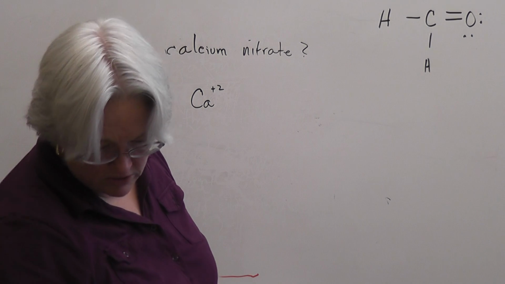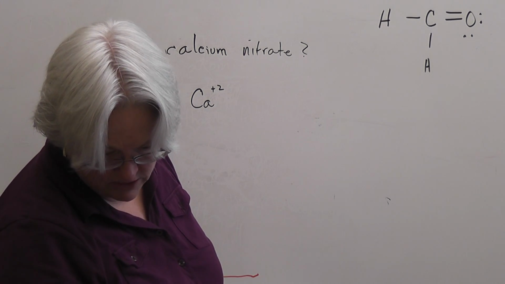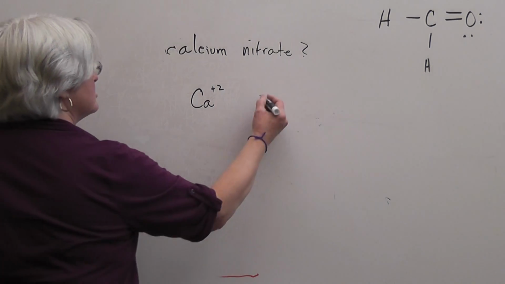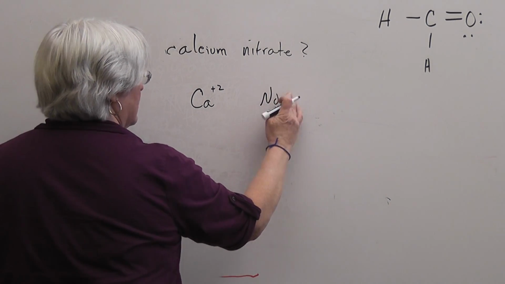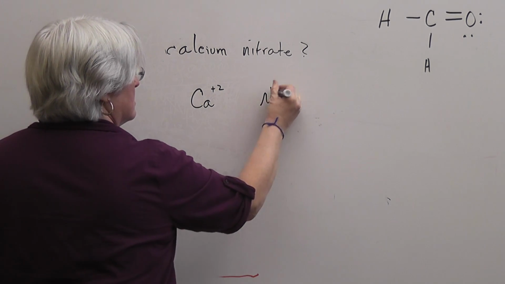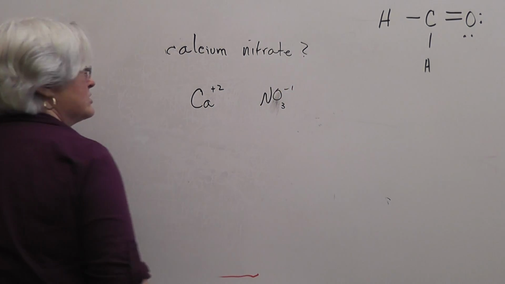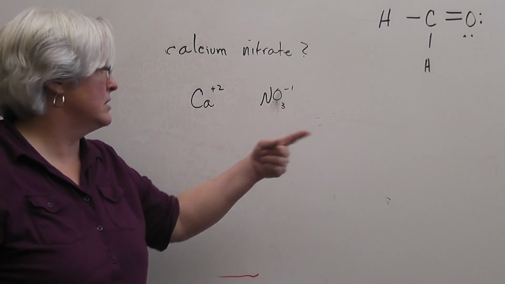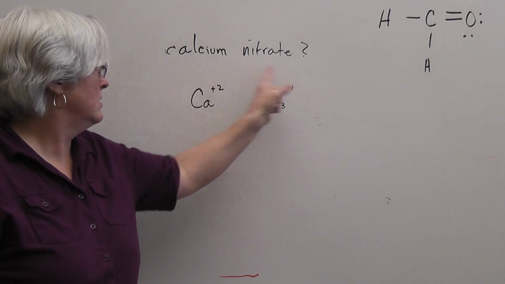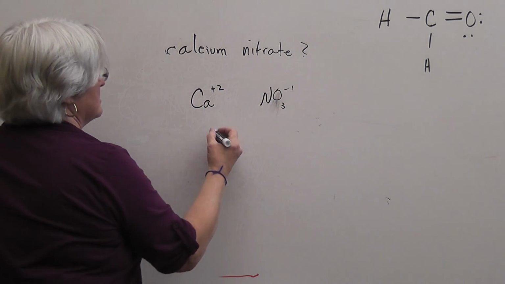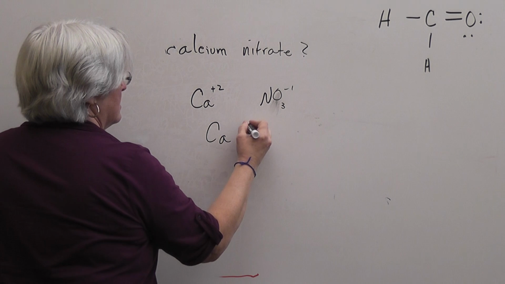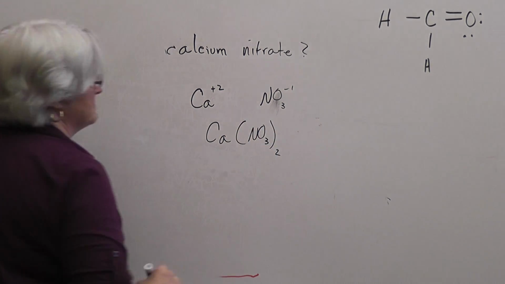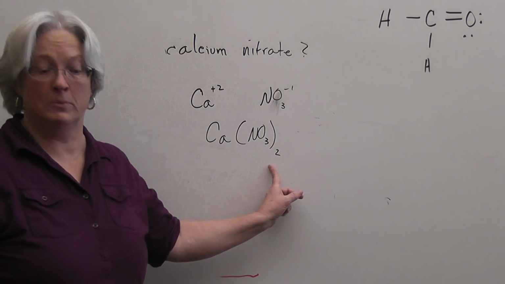Nitrate, you look at your little chart until you learn that nitrate is NO3 with a negative 1 charge. If the signs are opposite, you switch the numbers. So we have 1 calcium, and we have 2 nitrate ions. This right here is going to be your chemical formula.